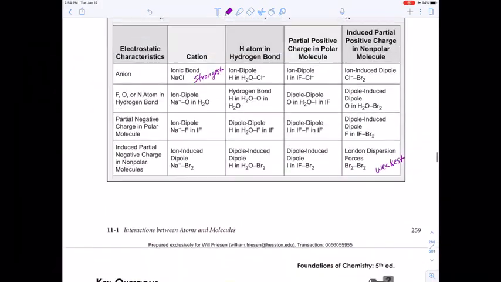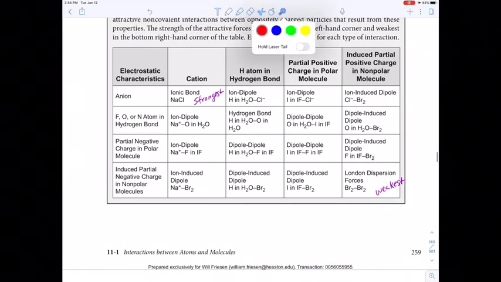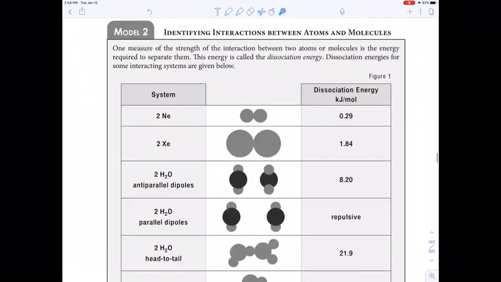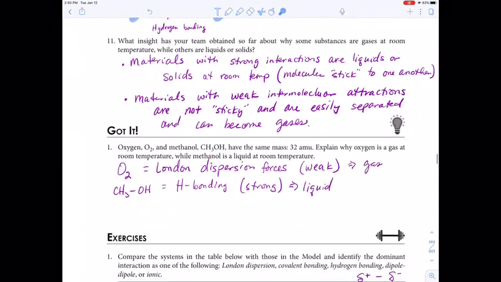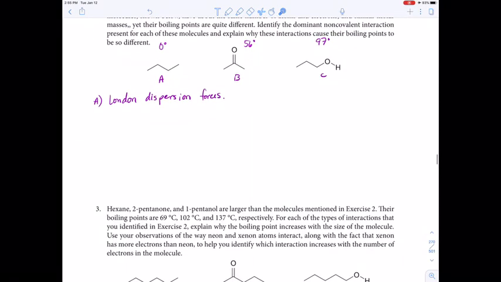Checking on our table, London dispersion forces are down here. They're weak, and we know that weak intermolecular attractions mean low boiling point. I'm just going to call it IA. Intermolecular attraction equals low boiling point.